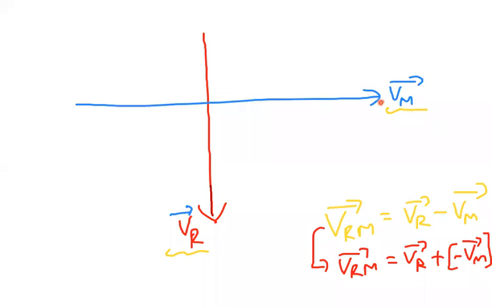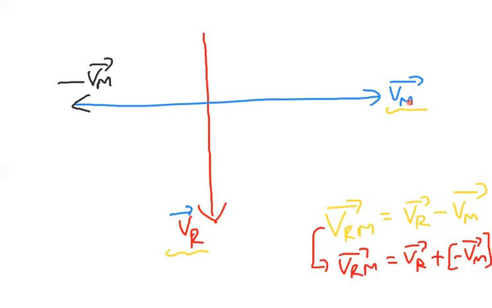That means we are adding the rain velocity plus the negative of the man velocity. But in this direction, I have taken man velocity as positive, and the rain velocity downward. But here I want man velocity as negative. That means exactly the opposite direction of the same magnitude. If you take the same length, I can write minus Vm bar, which is opposite to plus Vm bar.